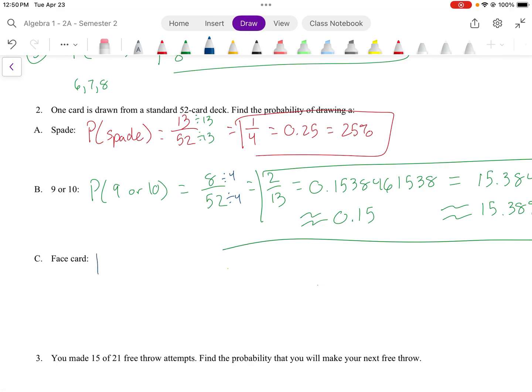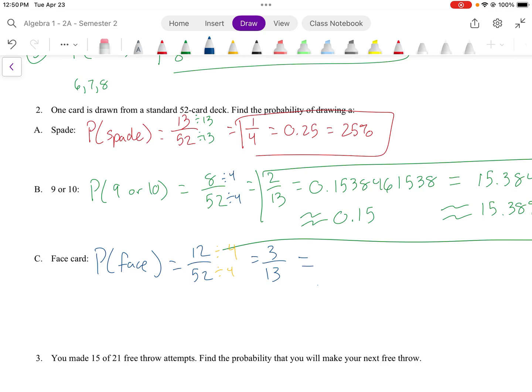Okay. And then for part C, kind of the same idea. Probability of getting a face card. Well, there are a total of 12 face cards. Okay, 4 jacks, 4 queens, 4 kings. These numbers are both divisible by 4.